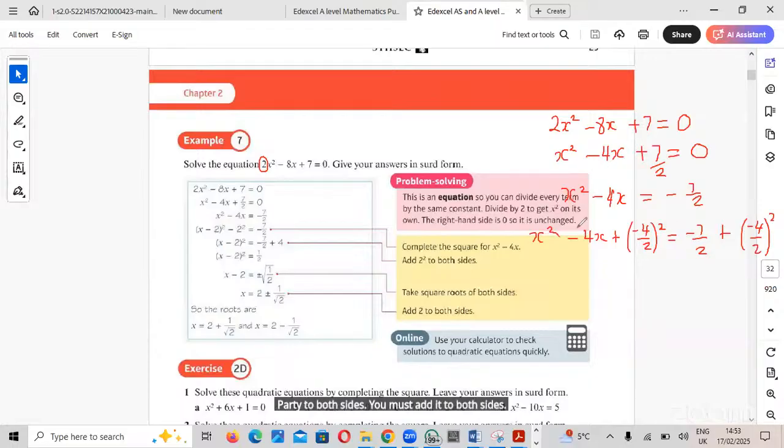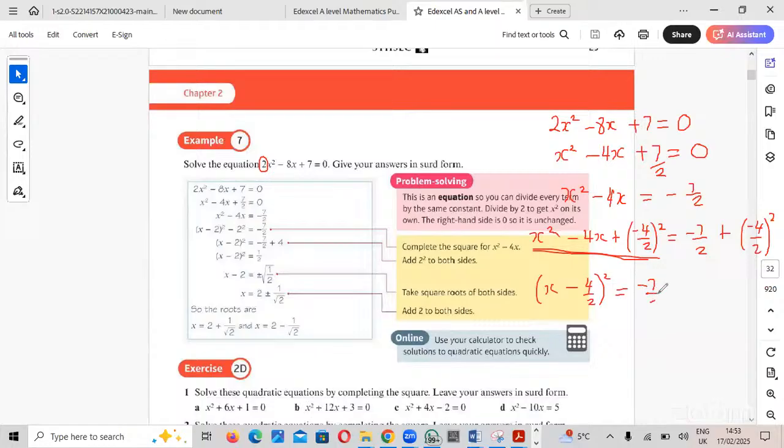Then after that, you factorize this one. If you factorize it, it gives you (x minus 4 over 2) all squared. And if you expand, you will see that you get this one back, so it's really correct. To give us 7 over 2, then plus, this should be 16 over 4.